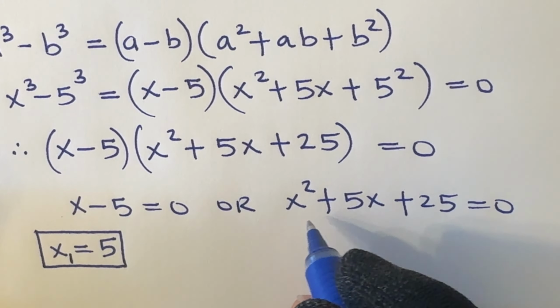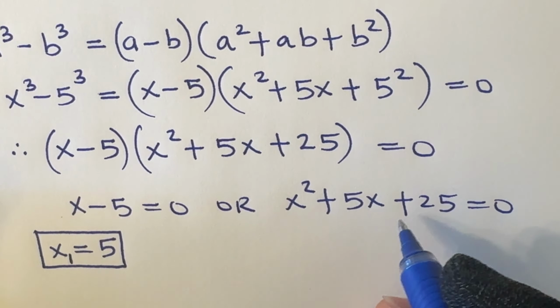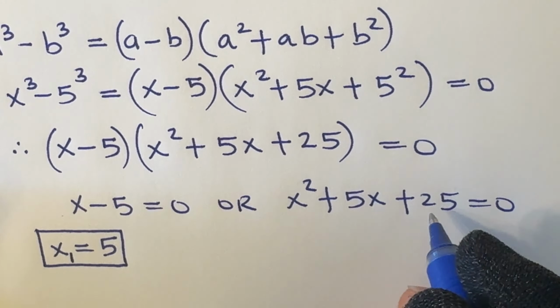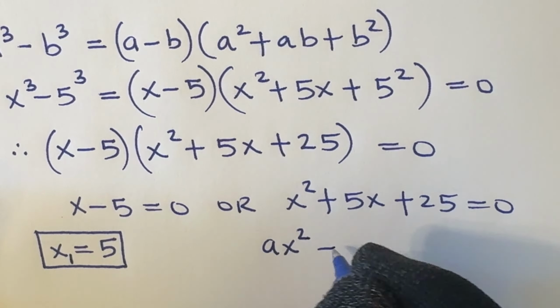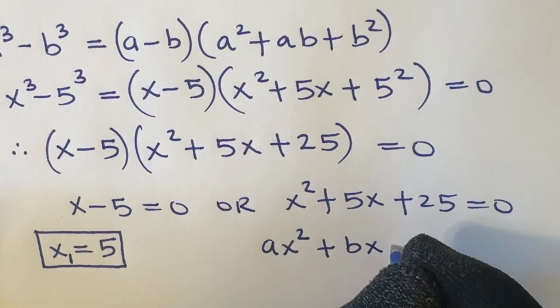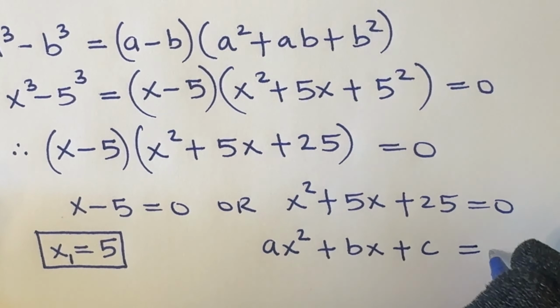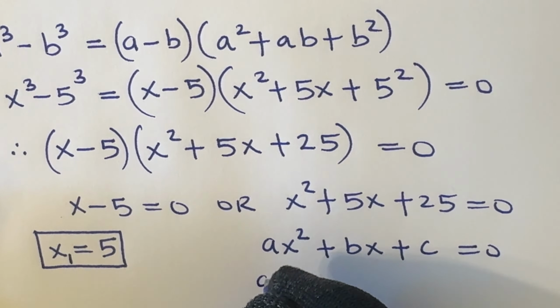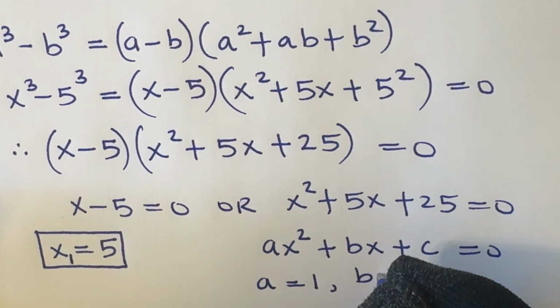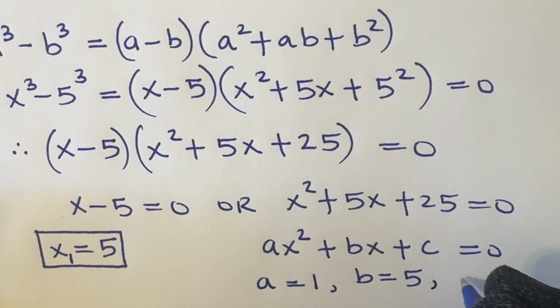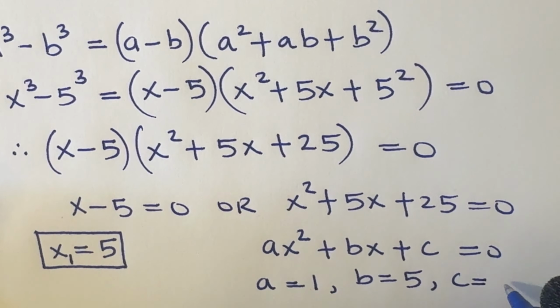For the second one, we have a quadratic equation that we need to solve. So here, I need to compare this with the general quadratic formula equal to 0. And we see that a here is 1, b here is 5, and c is 25.